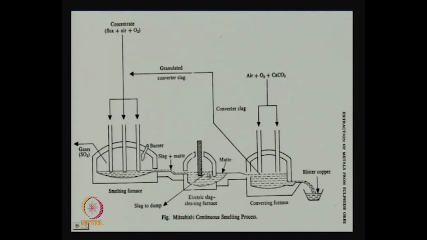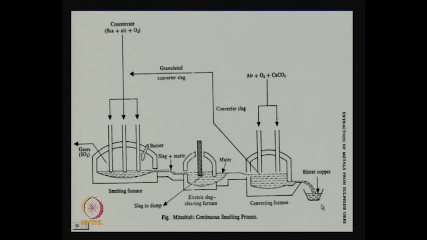If there is any copper in the slag, that copper will be recovered, and the matte will go to a converter where air, oxygen and calcium carbonate are added, and you get blister copper. The converter slag will be granulated and go back, just in case there are some copper losses.